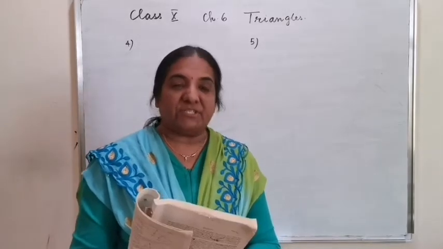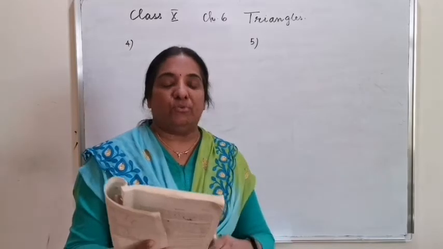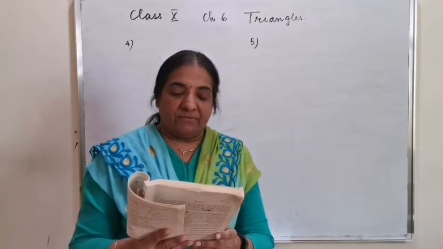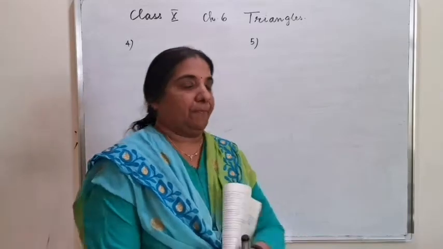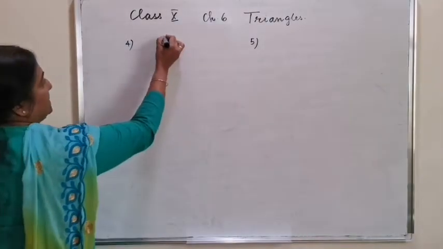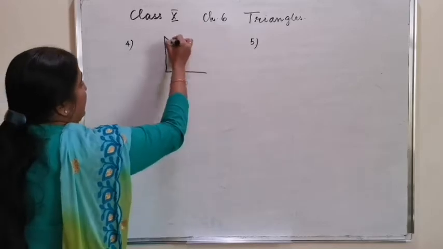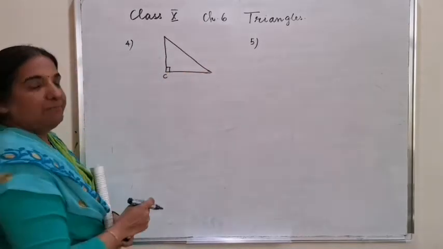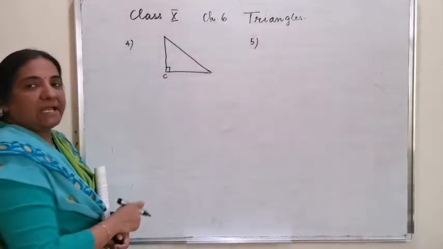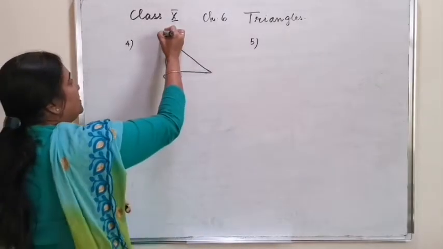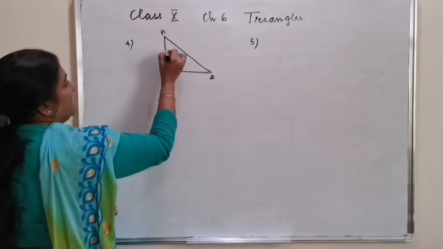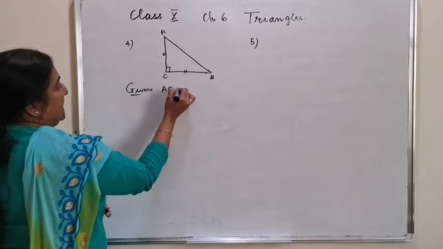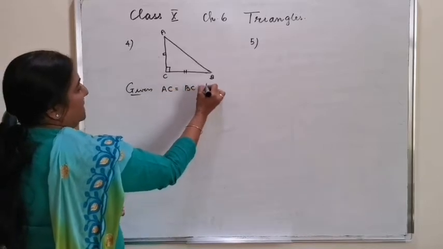4th question and 5th question are like converse. ABC is an isosceles triangle right angled at C. Whenever they say the word right angle, the hypotenuse definitely has to be the longest side, which proves that the equal sides can be only AC and BC. AC and BC are equal at the same time.